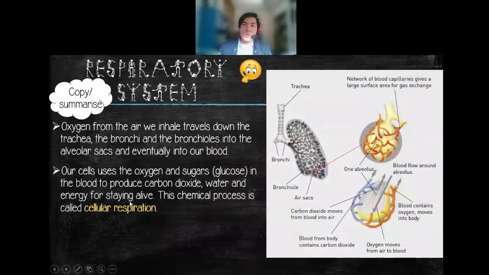Now moving on, let's talk more about how the respiratory system works. So you've got the oxygen, it comes from the air.